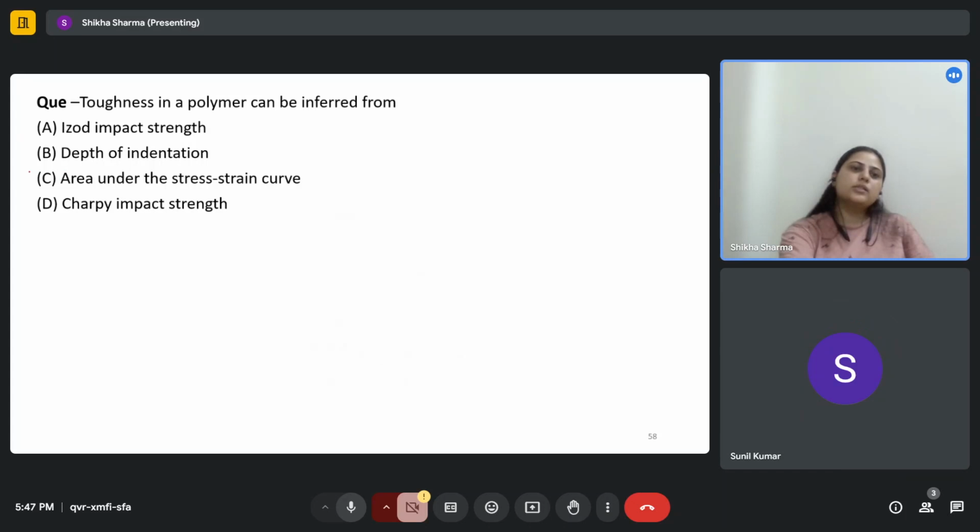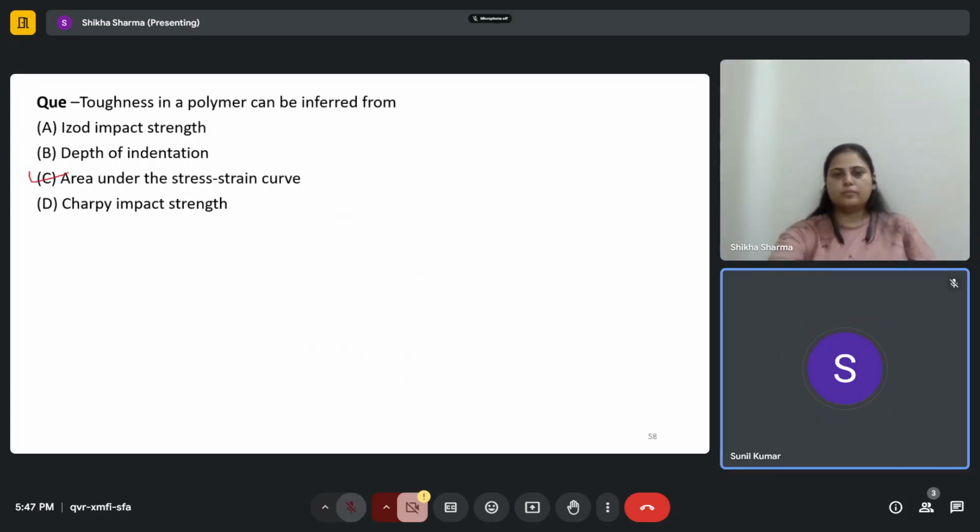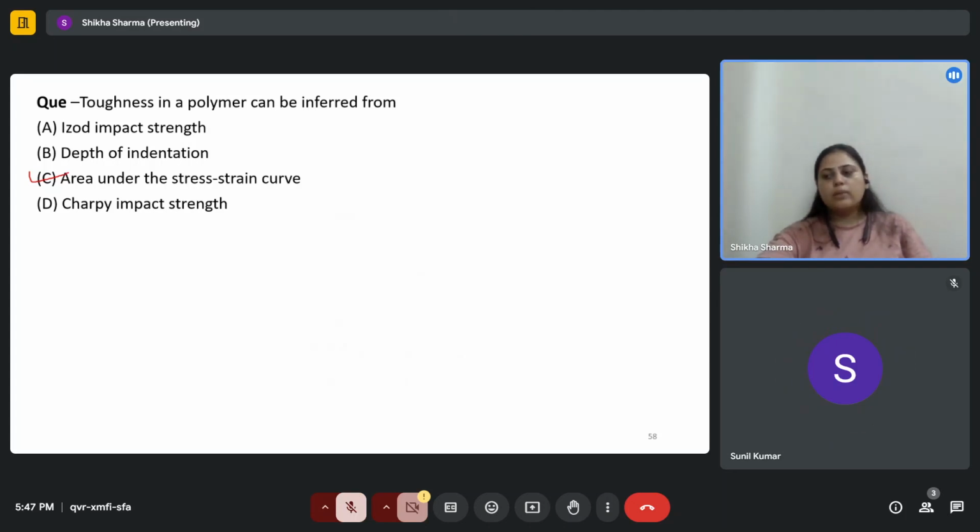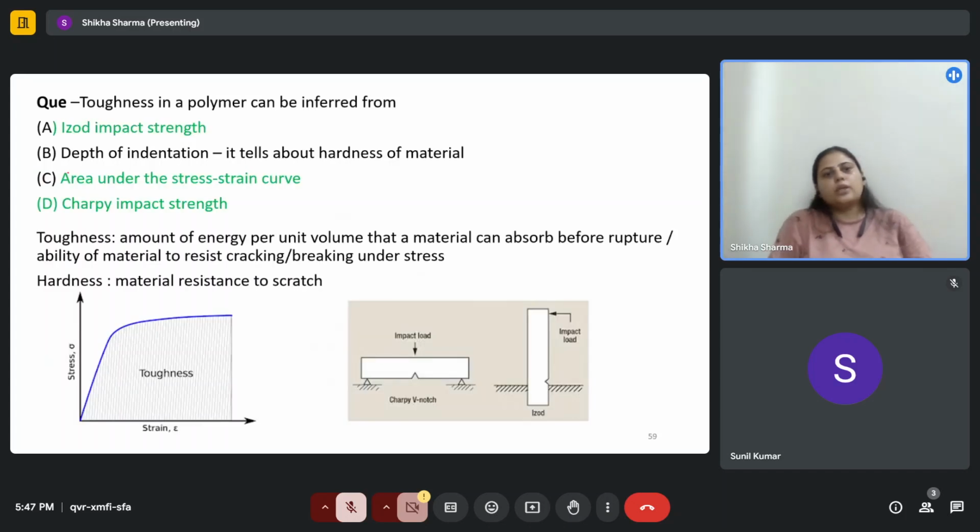Area under the stress strain curve, C, you are saying. So it is having multiple correct options, which is option A, Izod impact strength, area under the stress strain curve, and Charpy impact strength.